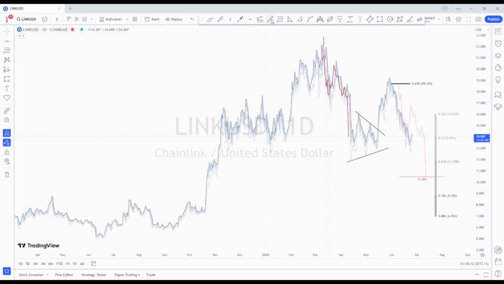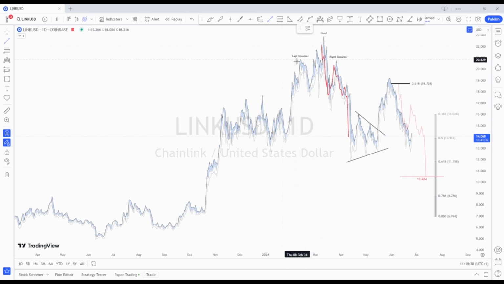Specifically, when you see a very clear reversal price behavior and you see a reaction from the golden Fibonacci level after finding support.